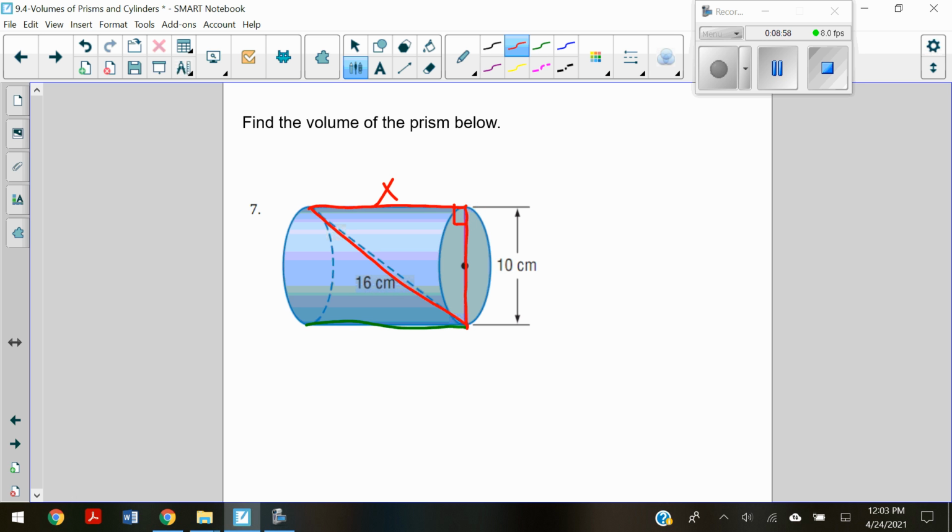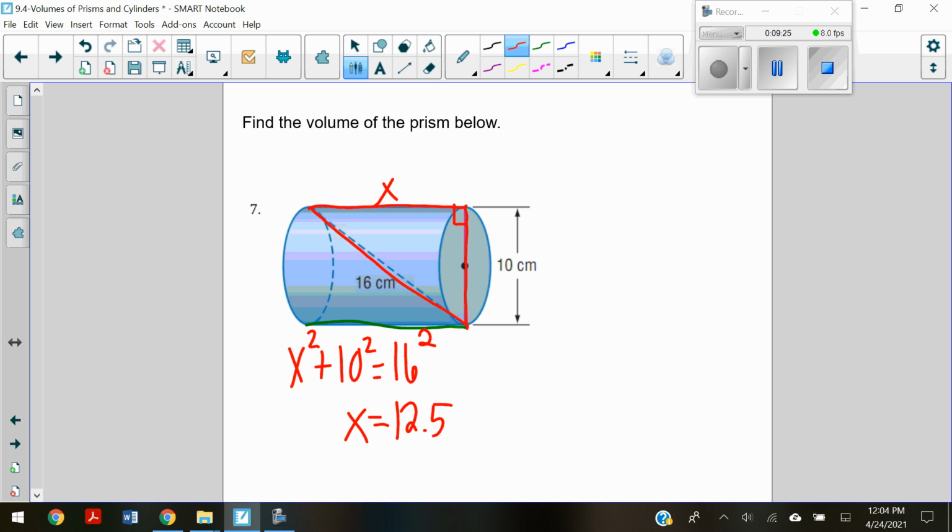So my legs are x squared plus 10 squared equals 16 squared. So go ahead and take your 16 squared and minus 10 squared from it. And then take the square root of that. And we're going to find the distance between the two bases is 12.5 when we round it.